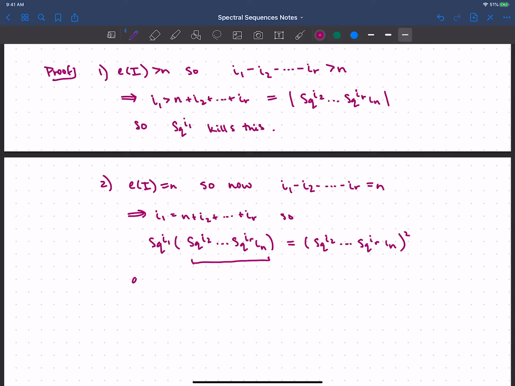Okay, so now we look at the excess of this sequence that we're left with. I want to start at I2 and go to IR. Getting everything backwards. Okay, the point is this excess is less than or equal to n, right?